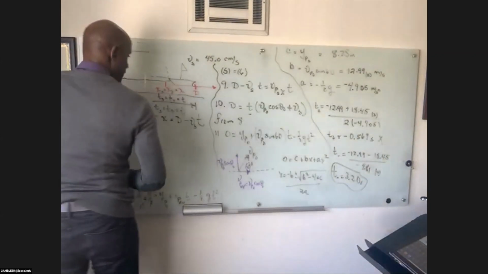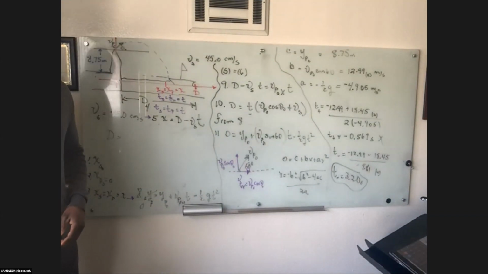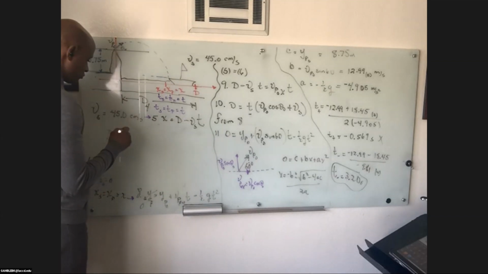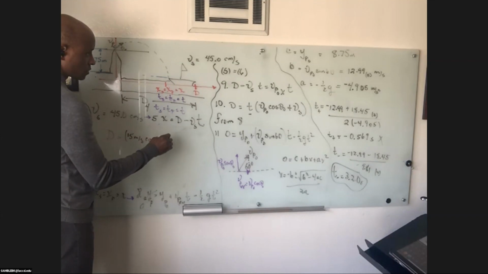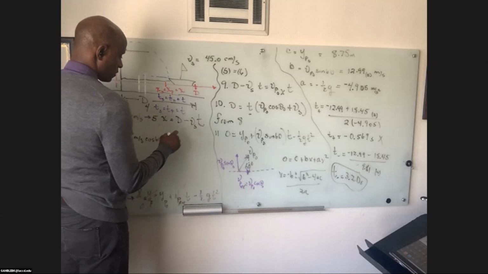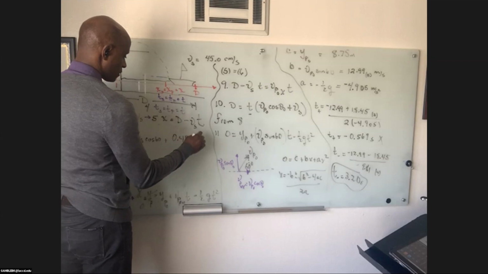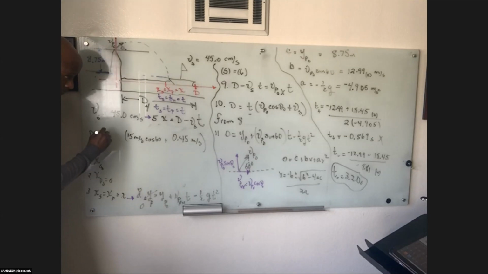So we will have D equal to 15 times the cosine of 60 plus, and if we convert that to meters per second, it's 0.45 meters per second, times 3.20 seconds.